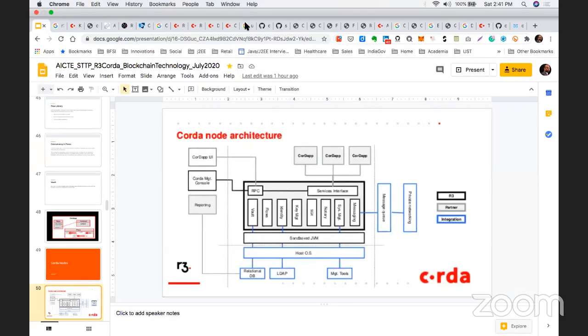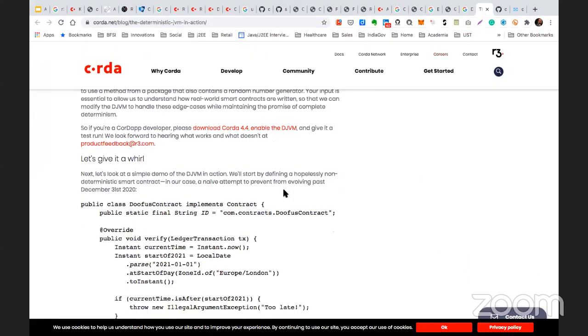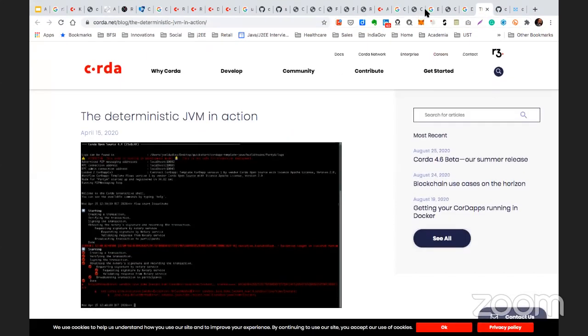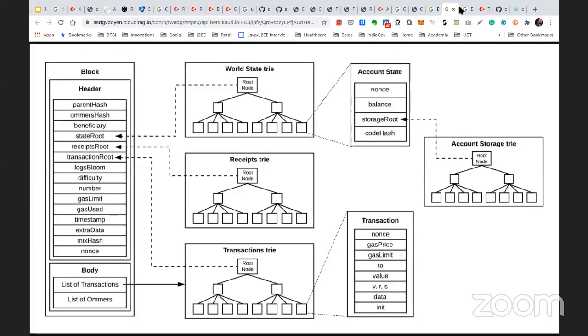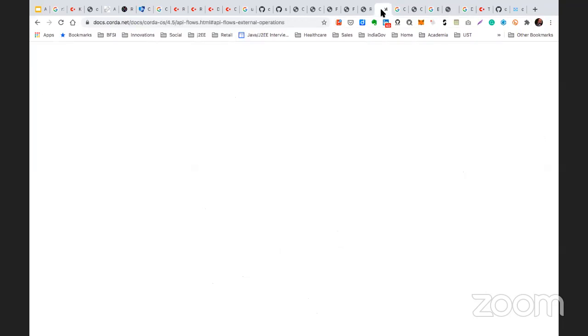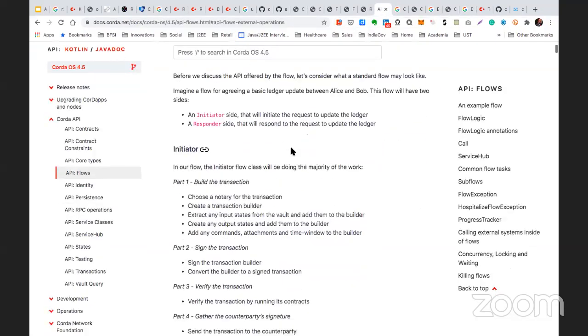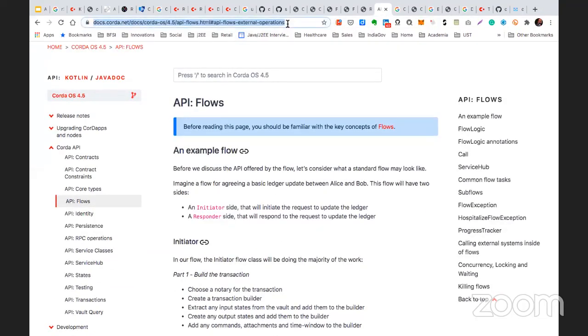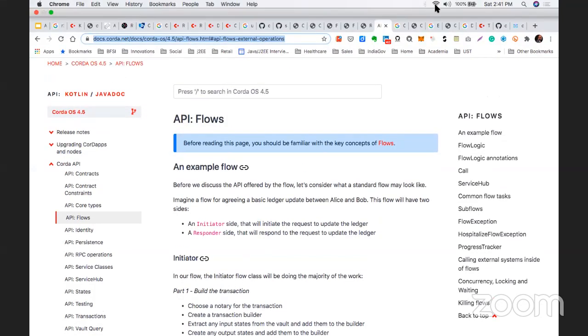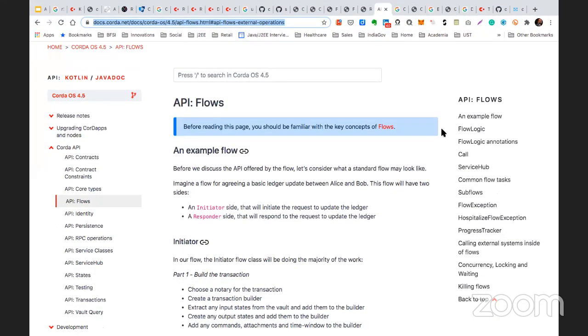So when you look at it, you can see that this is about deterministic JVM, and this is what I showed you about. Yeah, this is the initiator, or I'll give that reference here. Initiator and responder in flow framework.